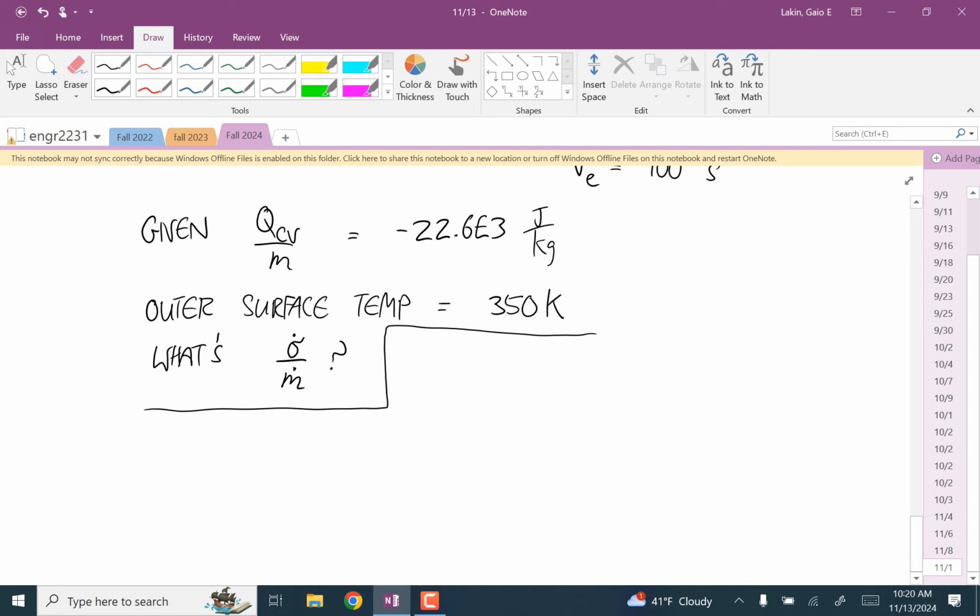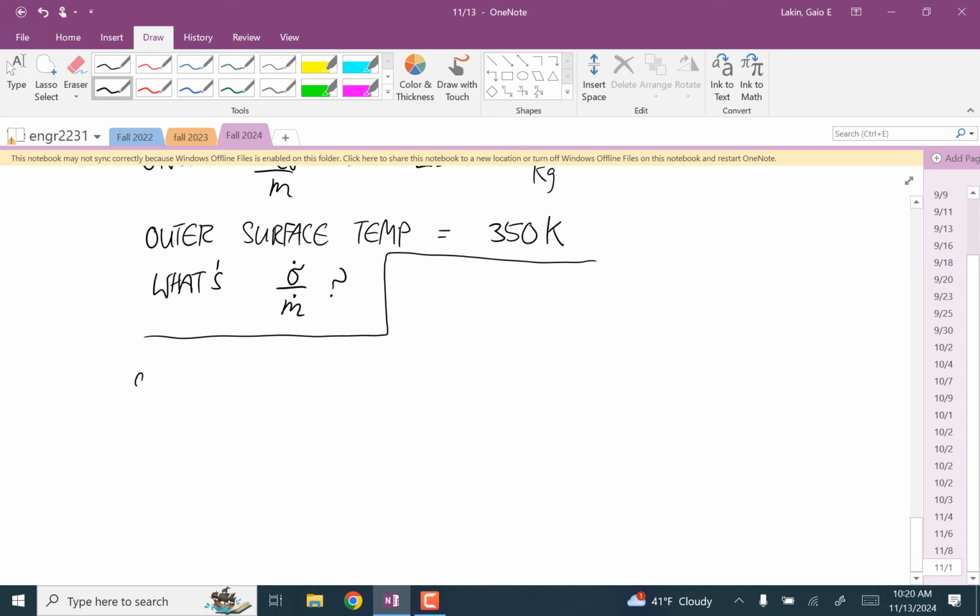Okay, so the second law for control volume says dS/dt is equal to the sum of all the Q dots over temperatures around the boundary plus, this is in steady state, so I'll just call this m dot times the quantity Si minus Se plus sigma dot.